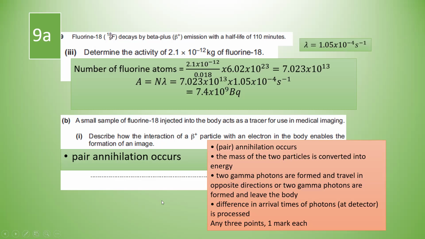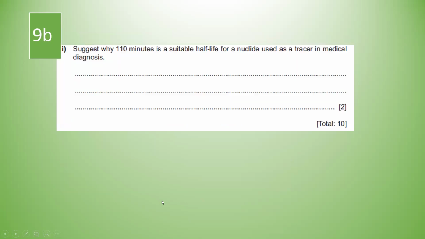Suggest why 110 minutes is a suitable half-life for a nuclide used as a tracer in medical diagnosis. Yeah, I think a longer half-life exposes the patient to harm.